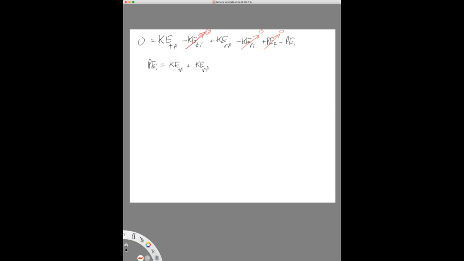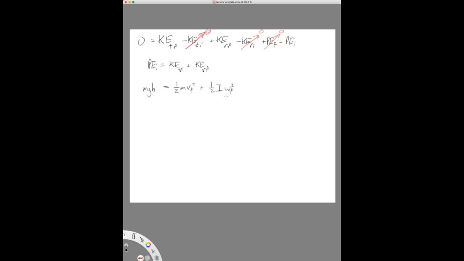Our initial potential energy would be mg times that initial height h, the final translational kinetic energy is just 1/2 m v final squared, and the final rotational kinetic energy is 1/2 I omega final squared. So all I'm doing is conceptually thinking about the problem right now and putting in place the formulas for each thing, but I'm not really doing any math yet. I'm just getting the right terms in my equation to work with.